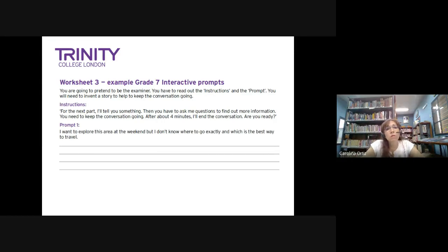Another example of an interactive phase would be you are going to pretend to be the examiner and you have to read this prompt. For the next part, this is the instruction again that talks about 4 minutes, and the prompt goes, I want to explore this area at the weekend, but I don't know where to go exactly and which is the best way to travel.